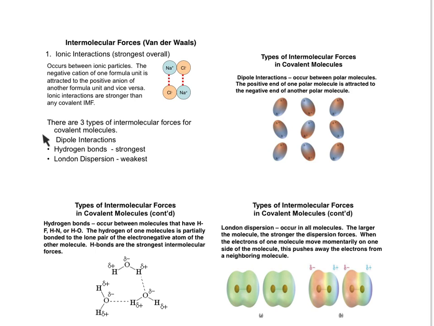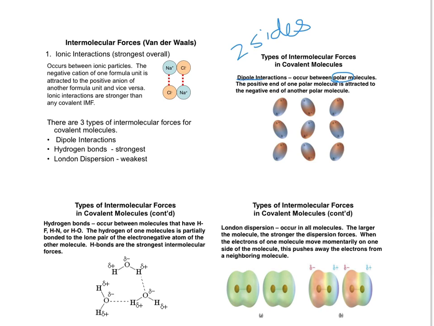For covalent, you've got three types. There's dipole, hydrogen bonds, and then London dispersion. So let's go with dipole. If you remember the word, di means two, pole means sides. So dipole means two sides. These occur in polar molecules, or molecules that have dipoles, so sided molecules.